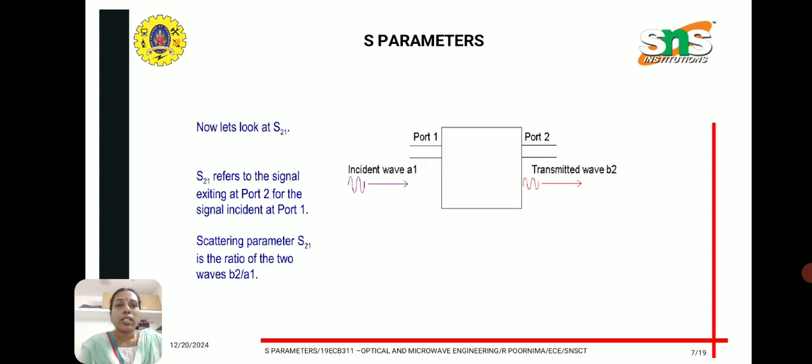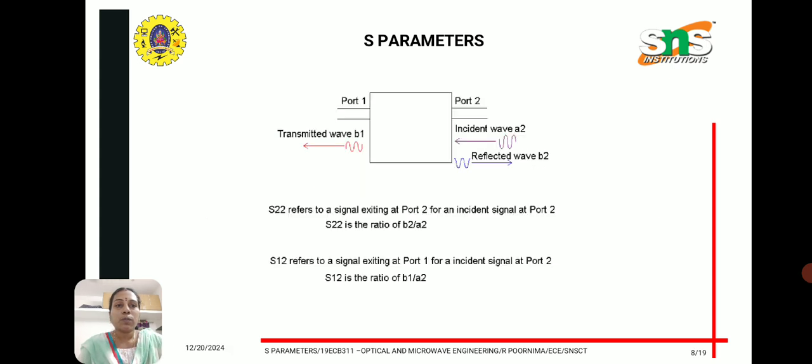Now take S21. Here S21 refers to the signal exiting at port 2 for the signal incident at port 1. Scattering parameter S21 is the ratio of B2 by A1. B2 is the transmitted wave at port 2, and A1 is the incident wave at port 1.